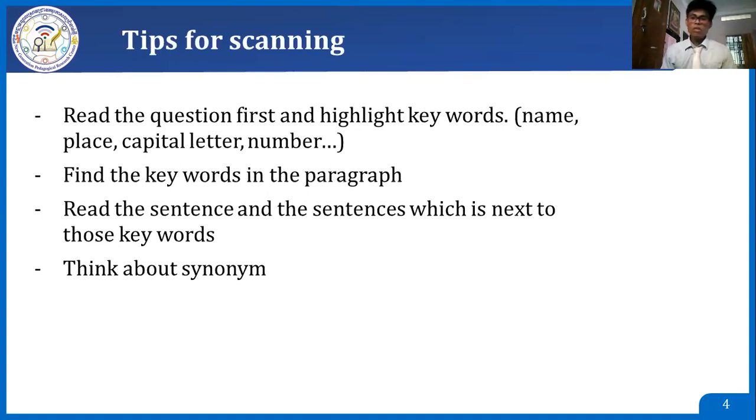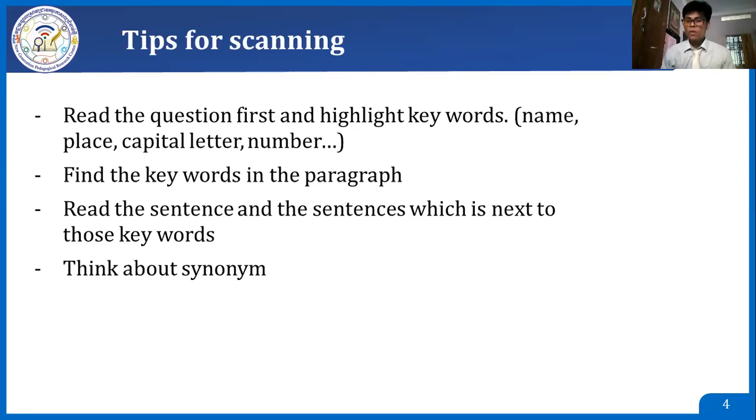Keywords normally could be a name, a place, a capital letter or a number. Second, you have to find keywords in the paragraph. After you identify keywords in the question, you have to find those keywords in the paragraph. Where those keywords are located, try to find it.